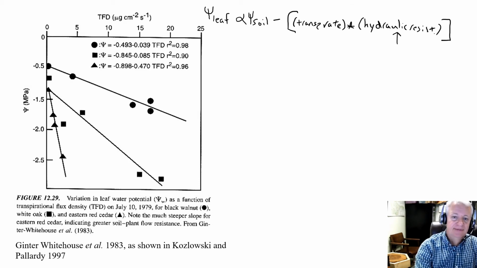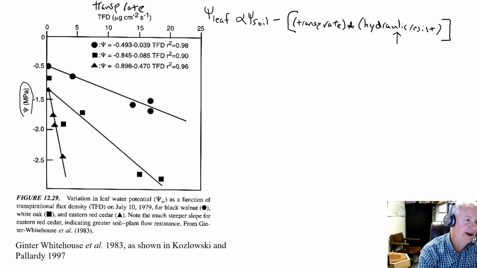So basically they went up into the crowns of these trees, measured the transpiration rate of the leaf, and then plucked the leaf off and measured its water potential at that point in time. And did that at several points throughout the day over a diurnal period, and then plotted them. So this is transpiration rate. Okay, so that's that term. TFD is just transpirational flux density. So that's transpiration rate. And then the y-axis is water potential measured at those different times of day.